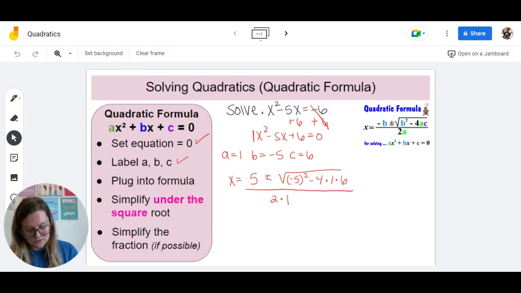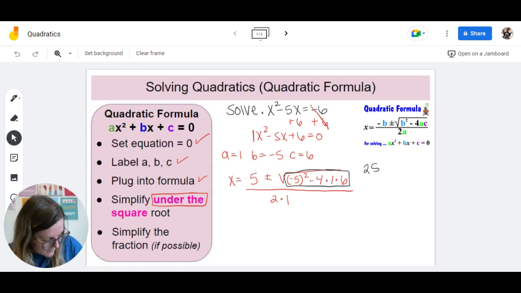Okay, so be very careful when you're plugging in. Now we are going to simplify what is under the square root. So I'm going to take this and do it over here. Remember, we are always going to do our exponents first. So that negative 5 squared, negative 5 times a negative 5, gives me a positive 25. So I'm going to write 25 minus 4 times 1 times 6.